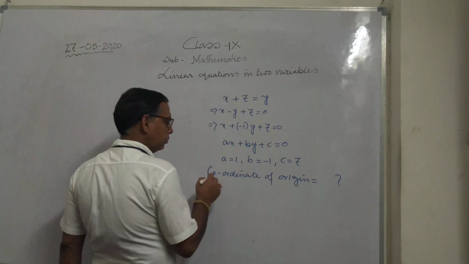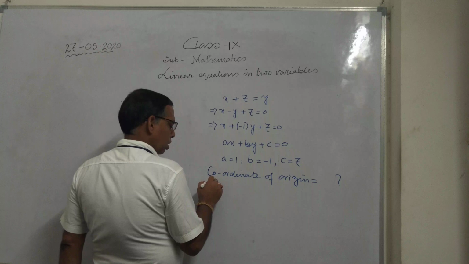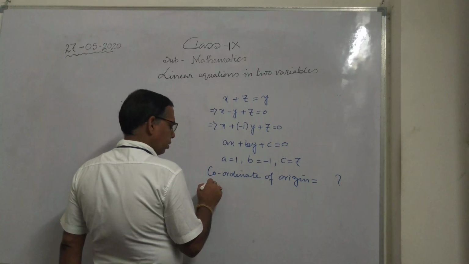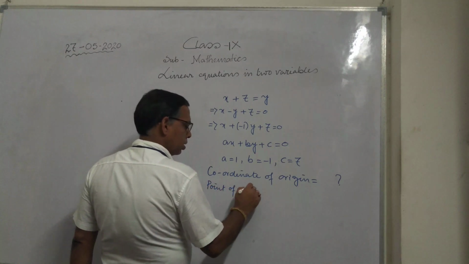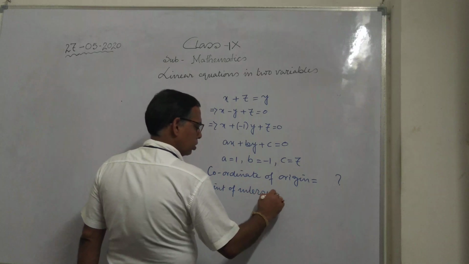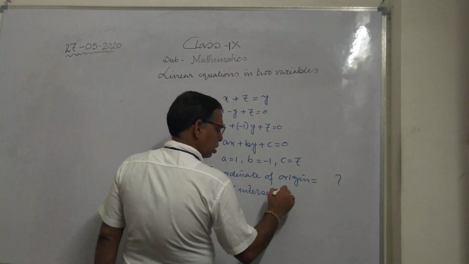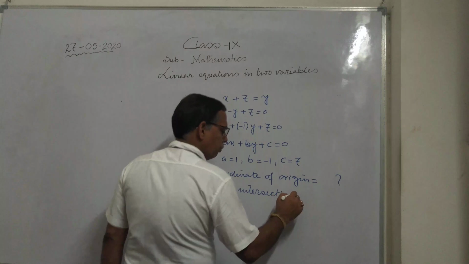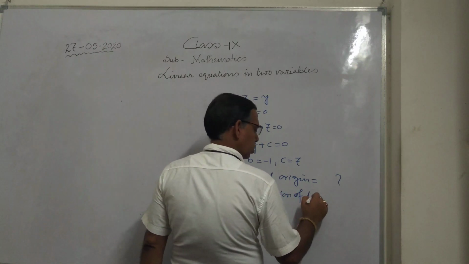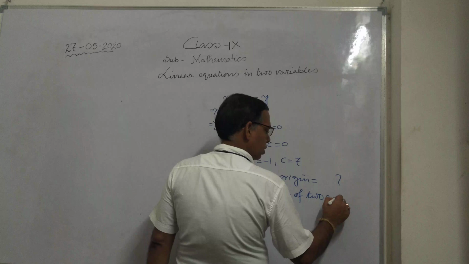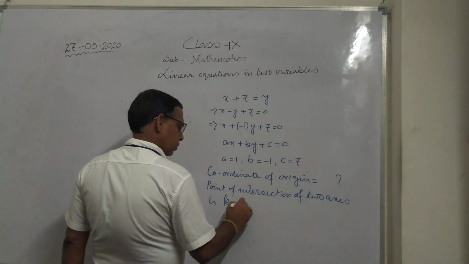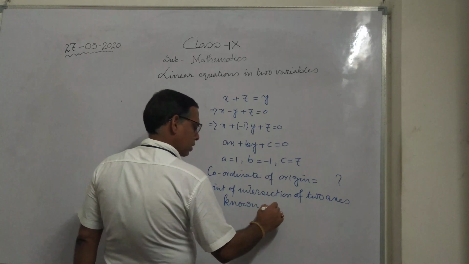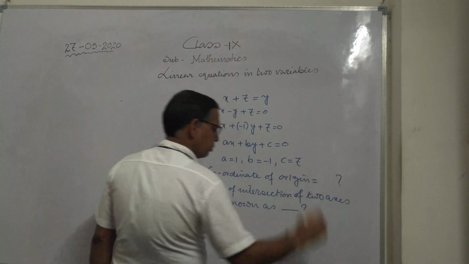Next, the point of intersection of two axes is known as dash.